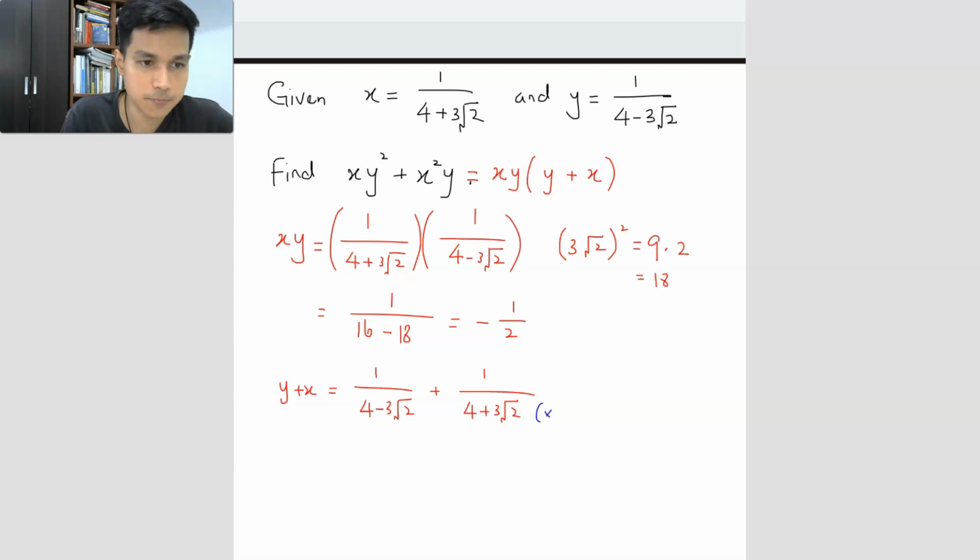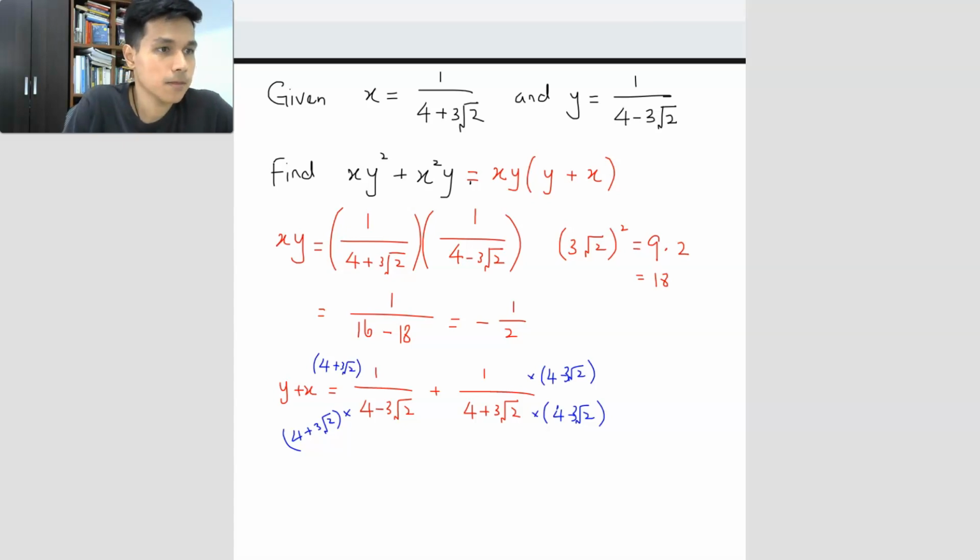So you multiply 4 plus 3 surd 2 on the first one. And then this side is the same thing, multiply by the conjugate. Here you have to use 3 surd 2, my bad. And then here is 4 minus 3 surd 2.